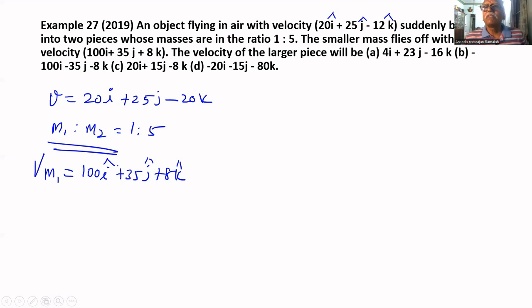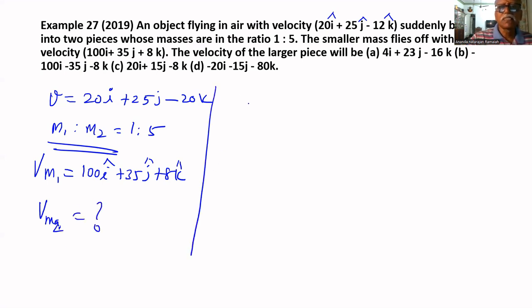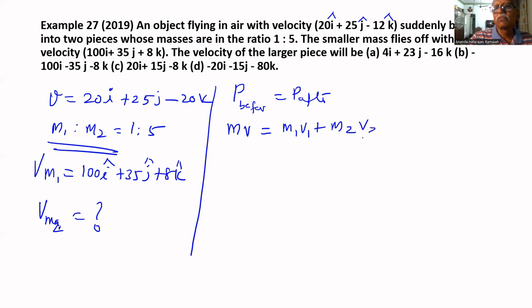And the velocity of the larger piece will be? What is the velocity of the larger piece, V2 equal to what? That is asked. In this case, we know that momentum before equals momentum after. P before is MV, and P after is M1V1 plus M2V2.